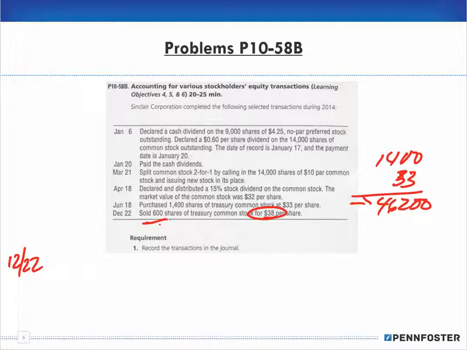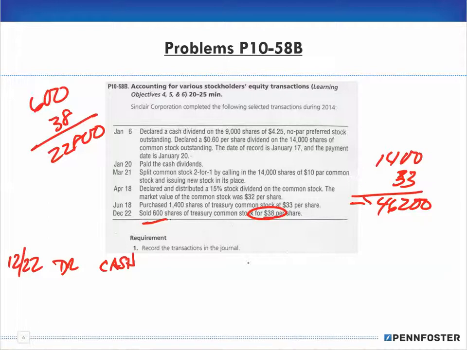So if we're selling it back into the marketplace, that means we're getting cash for it. So if we have 600 shares at $38 a share, that's $22,800. So debit cash for $22,800.